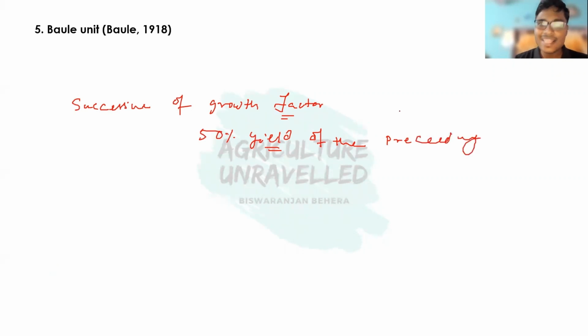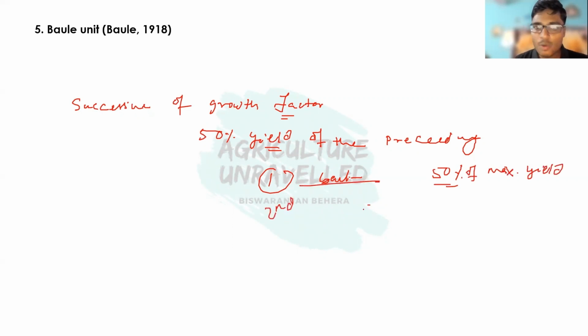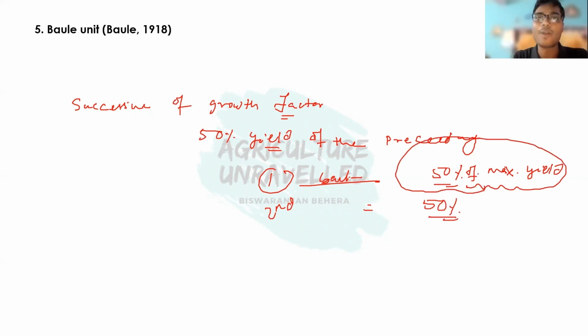So in this example, the first Boule unit achieved 50% of the maximum yield. When we applied the second Boule unit, the second Boule unit will increase by 50% of the yield that is already achieved by the preceding Boule unit.